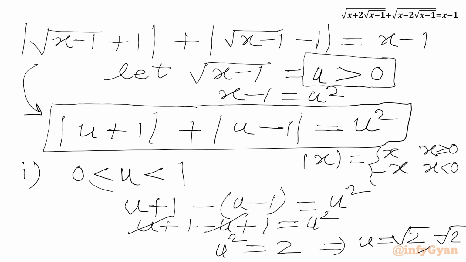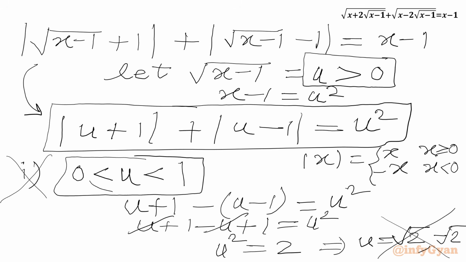Now u is in the interval 0 and 1. Root 2 is 1.414, so u equal to 1.414 and minus 1.414 is not in this interval. So this case will be rejected as we are getting unaccepted values of u.